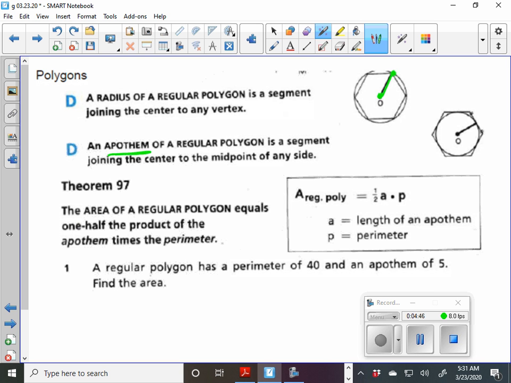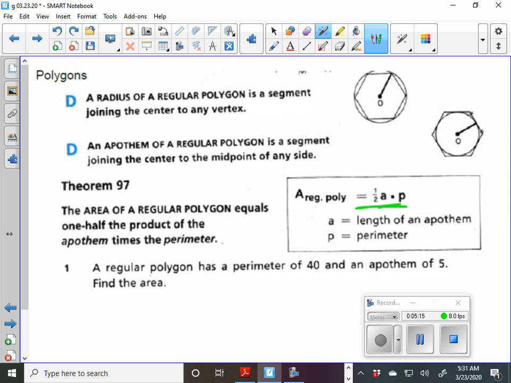An apothem of a regular polygon is a segment joining the center to the midpoint of any side. And again, I drew it down, but it goes to the midpoint of any side. From there, we're going to give you a formula. The area of a regular polygon, and you probably need to write this down somewhere where you have access to it, is 1/2 of the apothem times the perimeter.